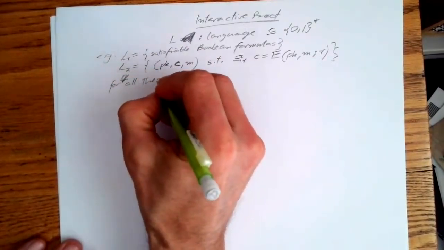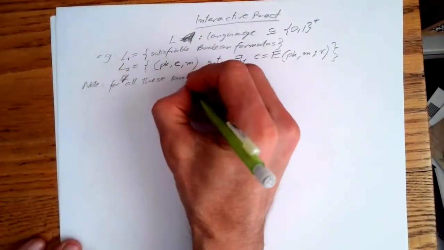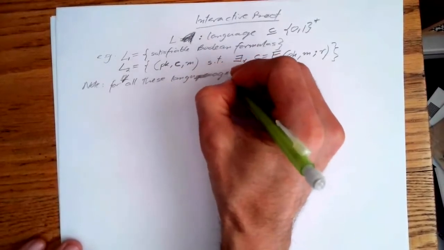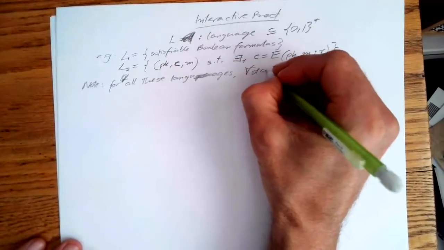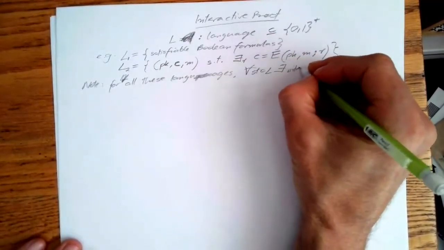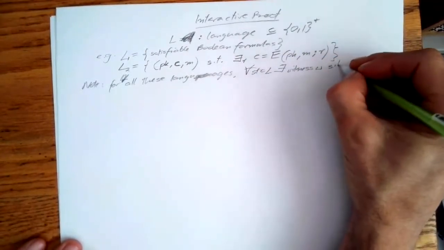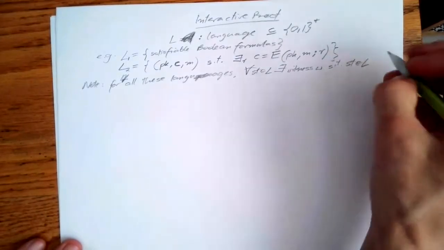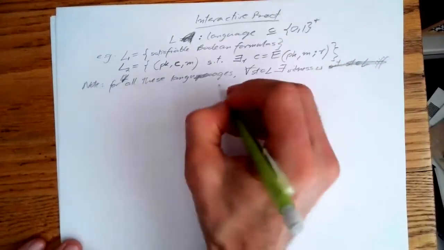For all these languages, note, for every statement in the language, there exists a witness W such that the statement is in the language if and only if this holds.